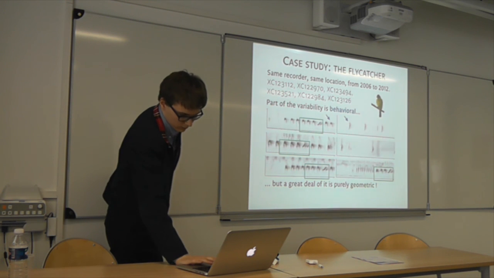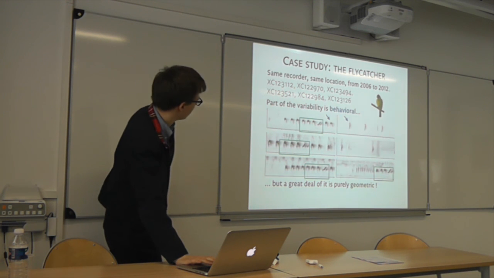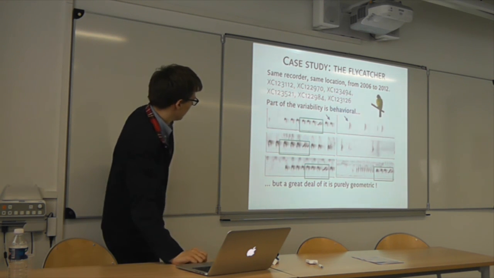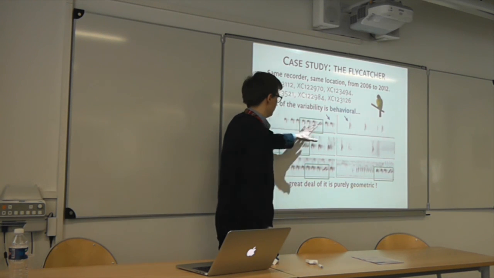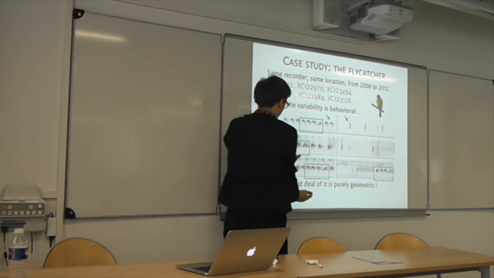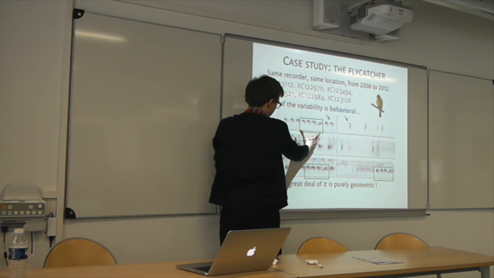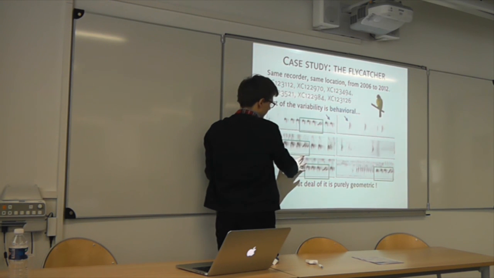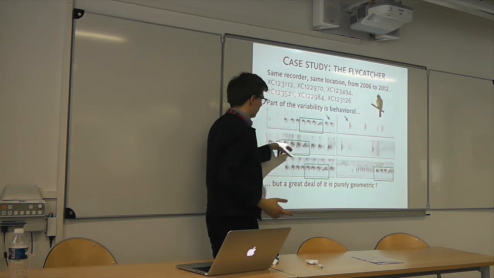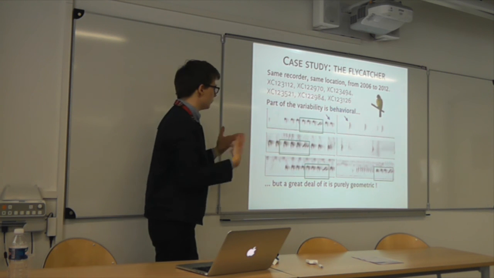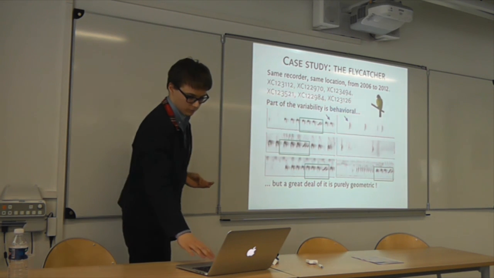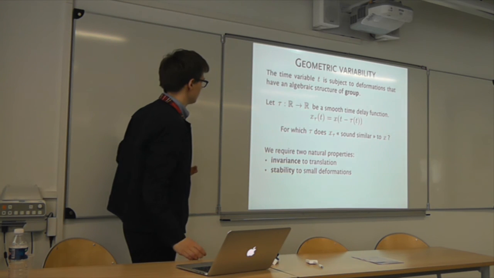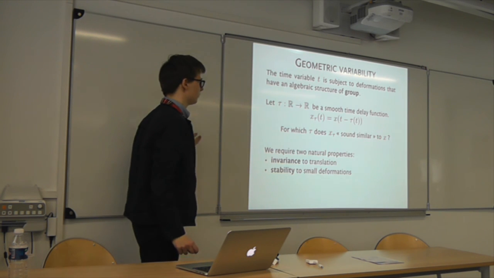So what's at stake in geometric variability? Well, we might say that if you call that x of t, this small patch, can this other patch be somehow produced from the original up to a deformation? A deformation in math or in physics would be a smooth time delay function.